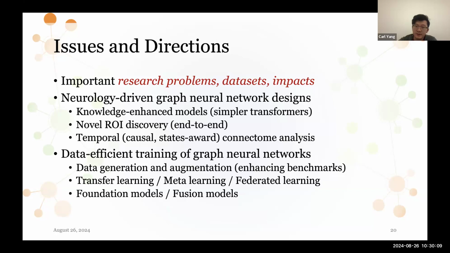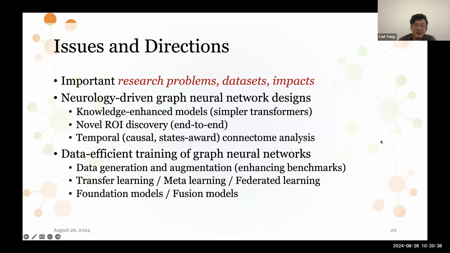And also for the modeling of the temporal data, these days we are also trying to discover the causal relations between the regions, and also we want to discover the mental states within each fMRI scan. Right? And then we compare the fMRI data of the same states, not across the whole scan.